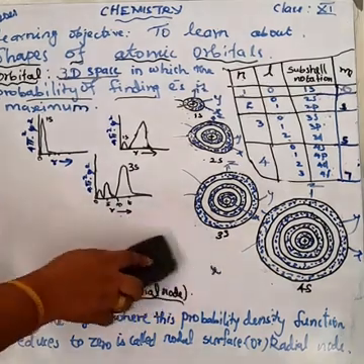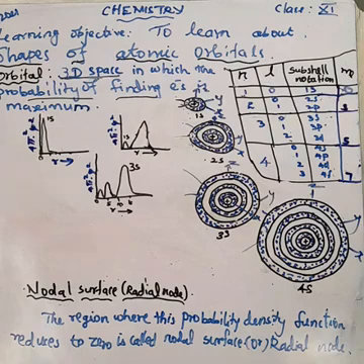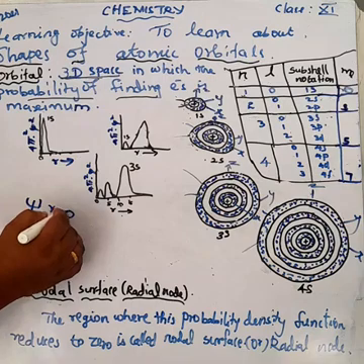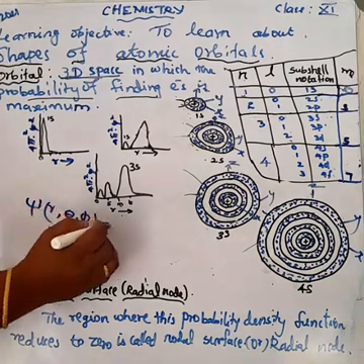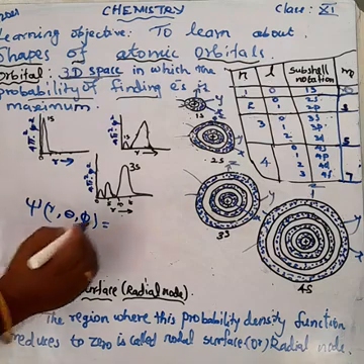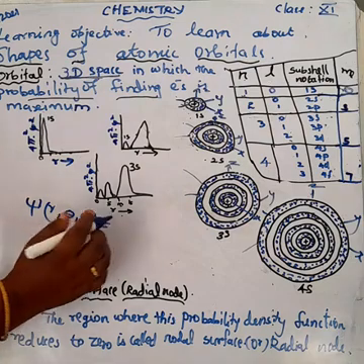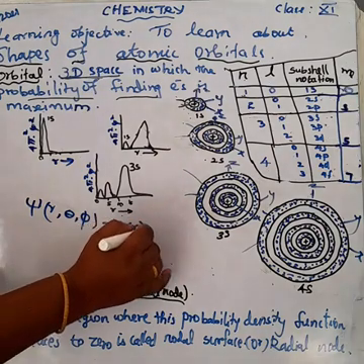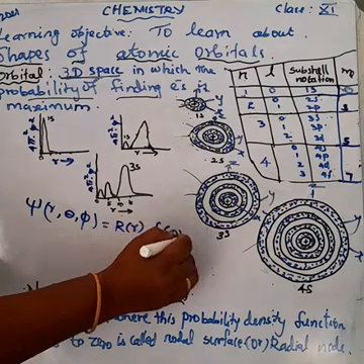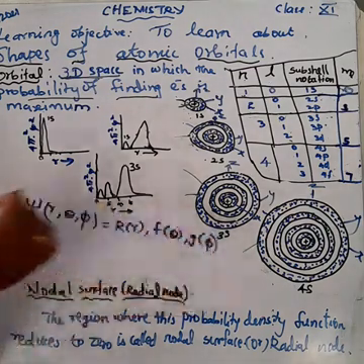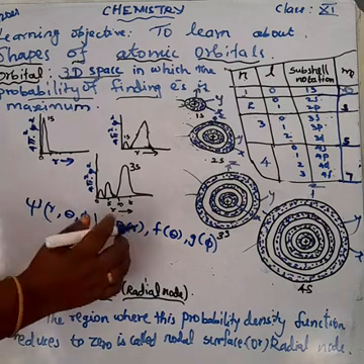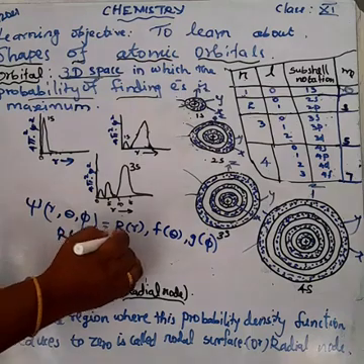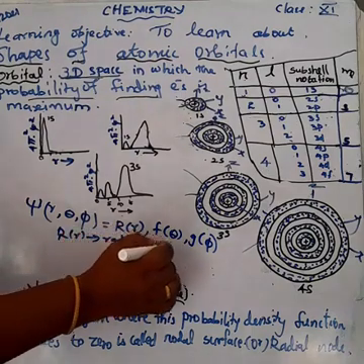In the three-dimensional region, psi of r, theta and phi is equal to a product of functions: R of r, f of theta and g of phi. Here R of r is called the radial wave function.